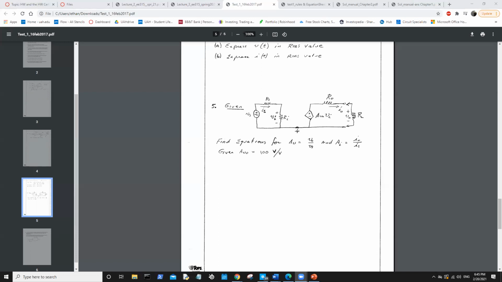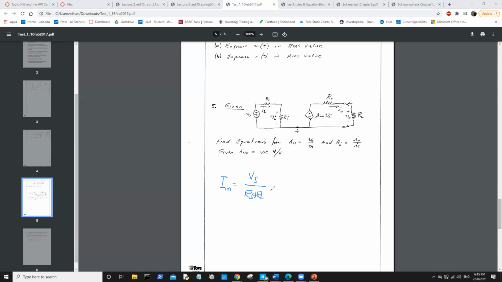Let me see, like this. So over here, if we have IN, let's do it this way. IN is simply going to be VS divided by RS plus RL.